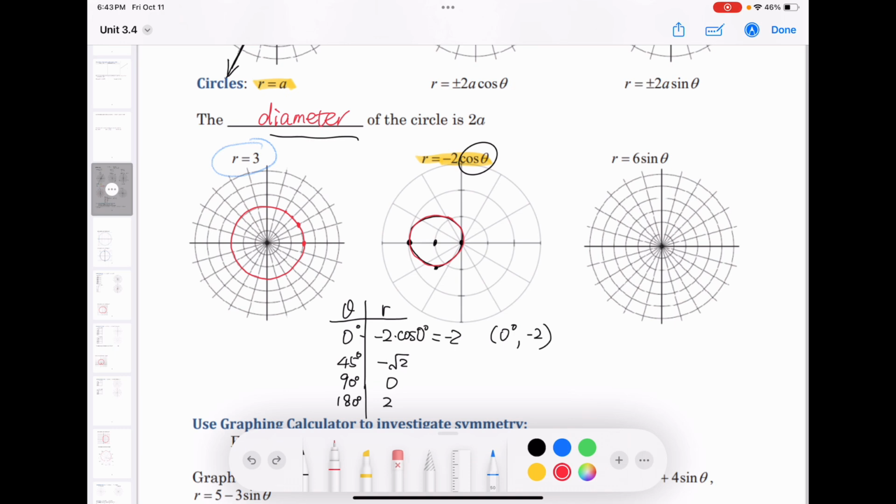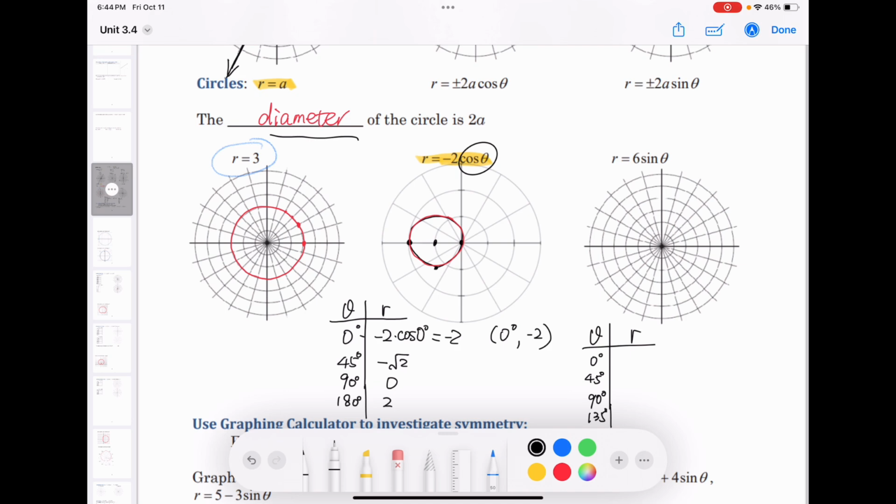If I have r equals 6 times sine theta, if I keep listing the table of theta and r, I can choose some values for theta: 0 degrees, 45 degrees, 90 degrees, and how about 135 degrees?